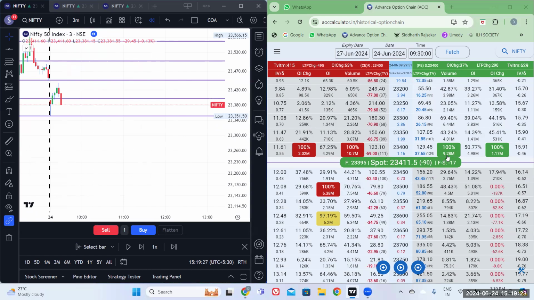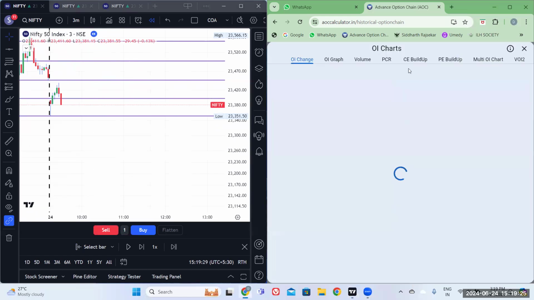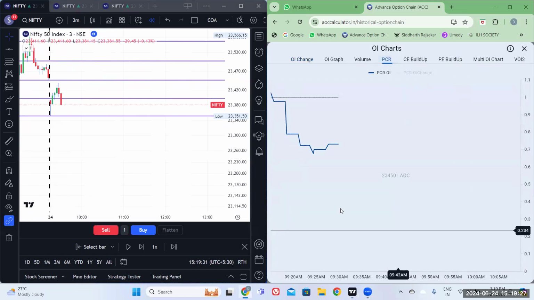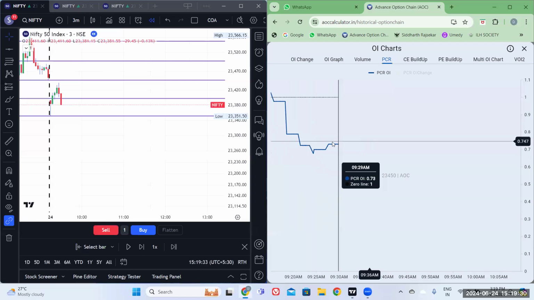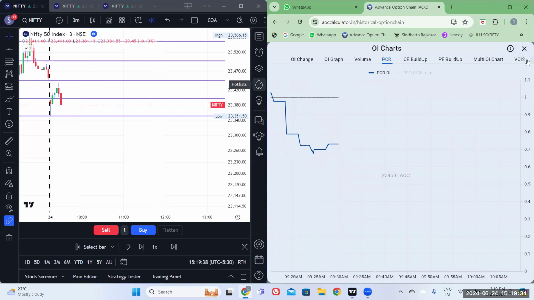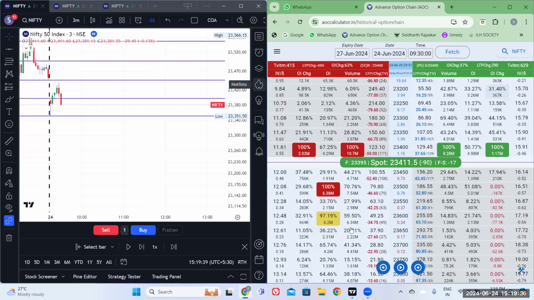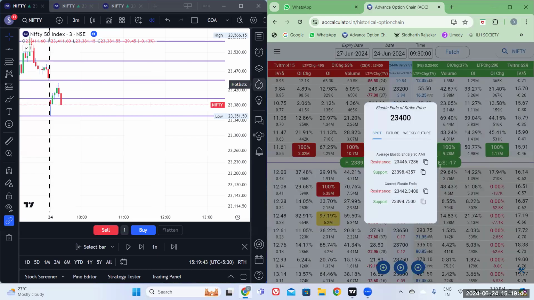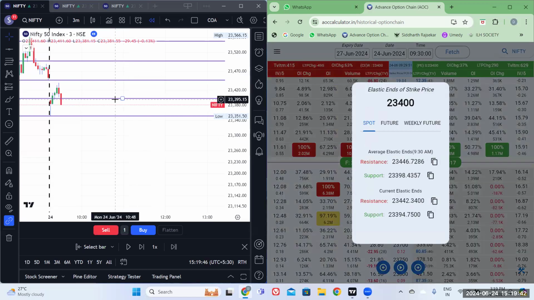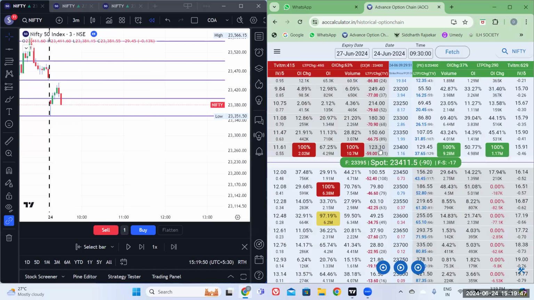Anyway, at 9:30, what does the data suggest? The PCR data suggests that it is kind of taking support here, but not at the high of the day. And resistance shifted from top to bottom. So the resistance level is 446, which is this, from where it actually reversed.